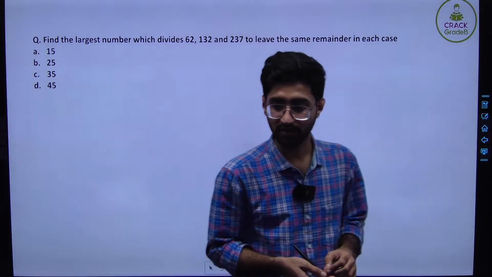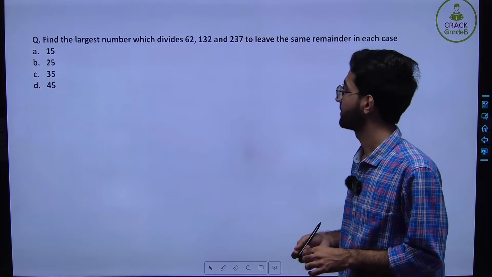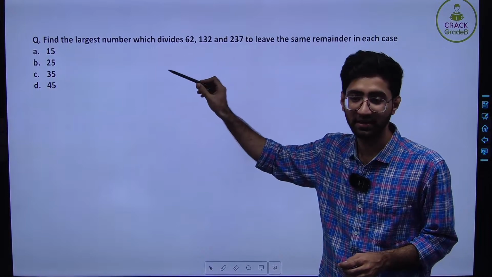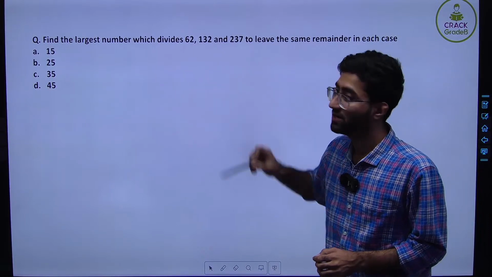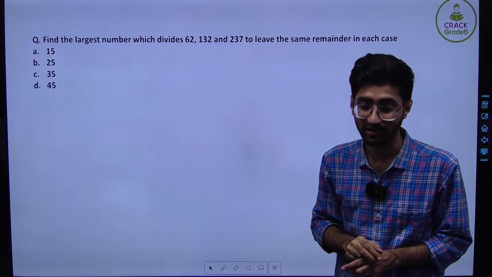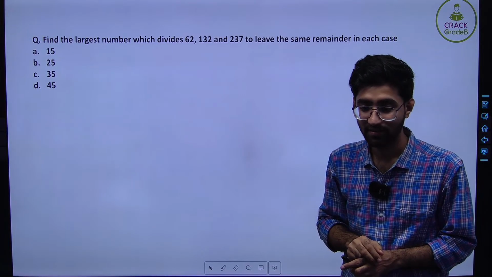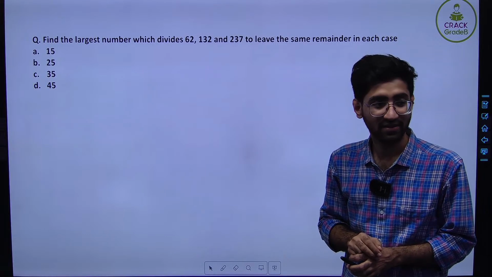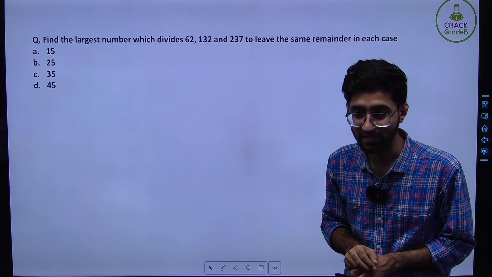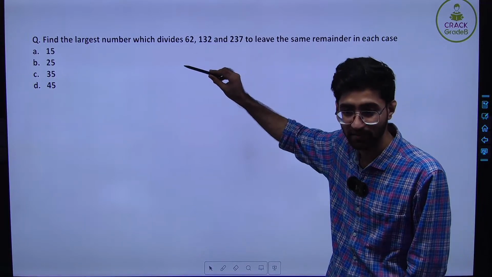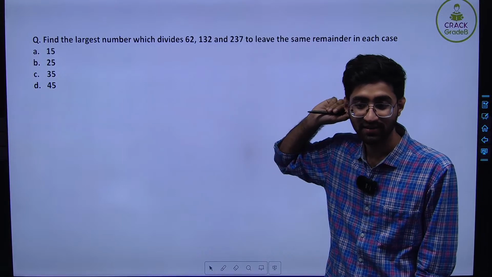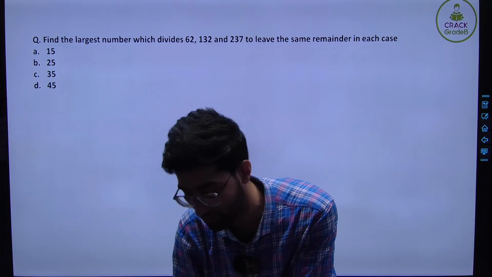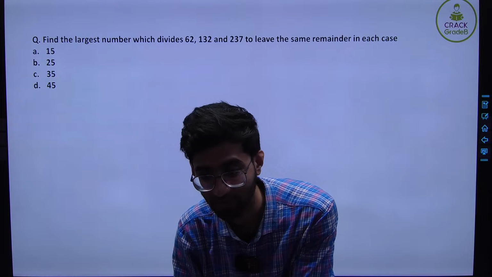Okay, sir, 25. But tell me, if you divide 62 by 25, you get remainder 12, right? But if you divide 132 by 25, you get remainder 7. 25 into 5 is 125. 25 into 4 is 100.